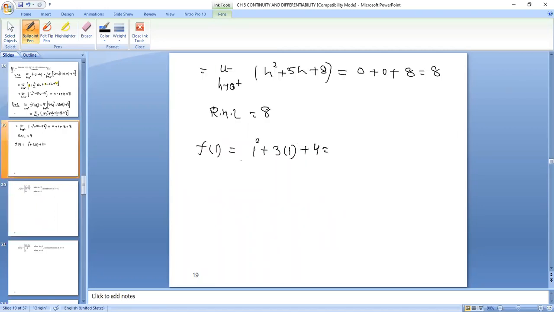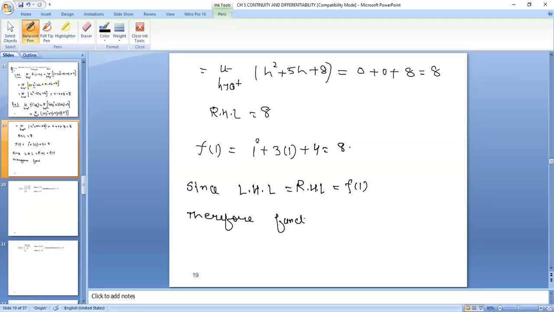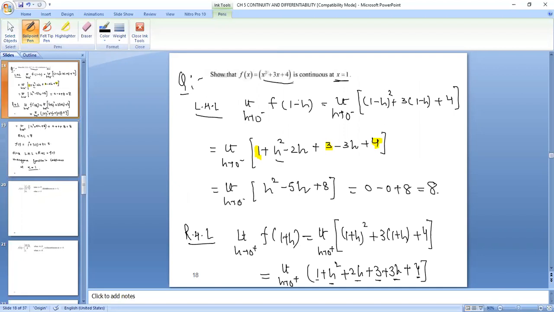So it will be 1 plus 3, 4, 4 plus 4, 8. So since left hand limit is equal to right hand limit is equal to value of the function, therefore the function is continuous at x equals 1, right?